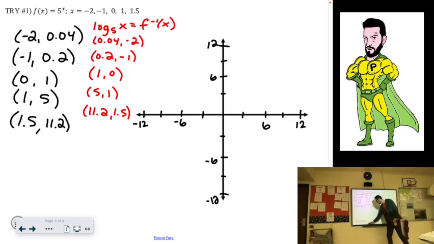All right, first graph, we have negative 2, 0.04, pretty much on 0. We have negative 1 and 0.2, a little bit higher. We're at 0, 1, that's about there. 1, 5 would be up here-ish, and then 1.5, 11.2 might be up there.